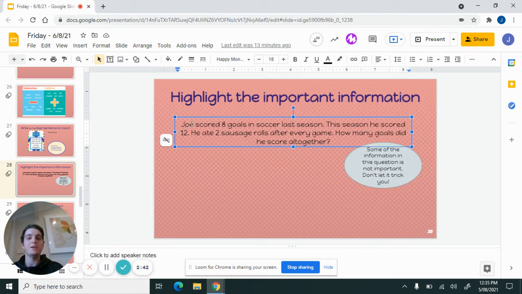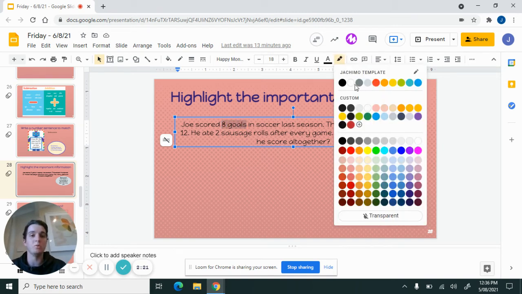First of all, his name, Joe. Do you think that's an important information? It's not really. His name could be Fred, Bob, Jim, Billy. It doesn't really matter. Okay? The important thing is that we are looking at important information, and his name doesn't matter. It says that he scored 8 goals. So I'm going to highlight that because that's important. The fact that he scored 8 goals.